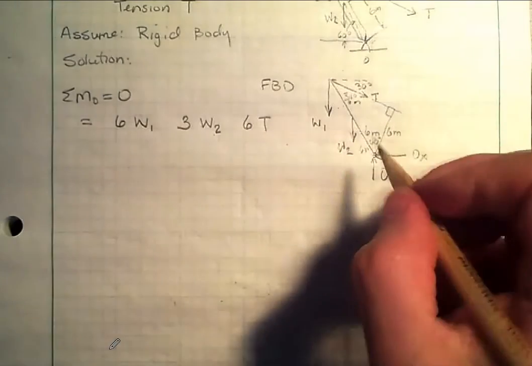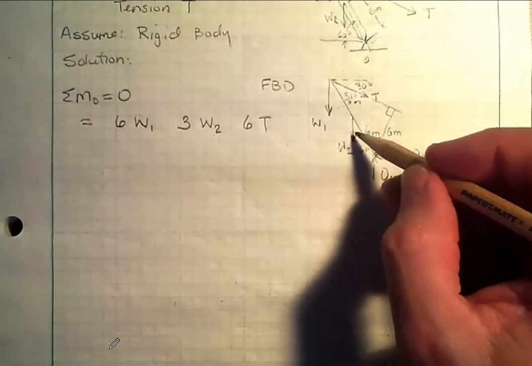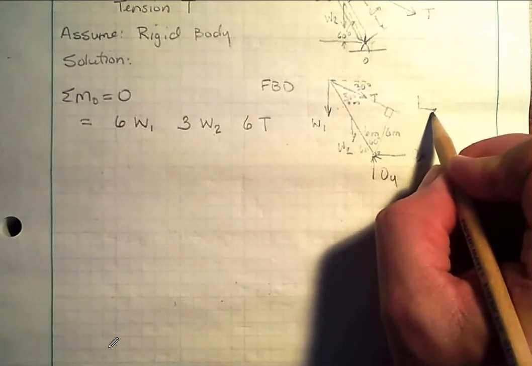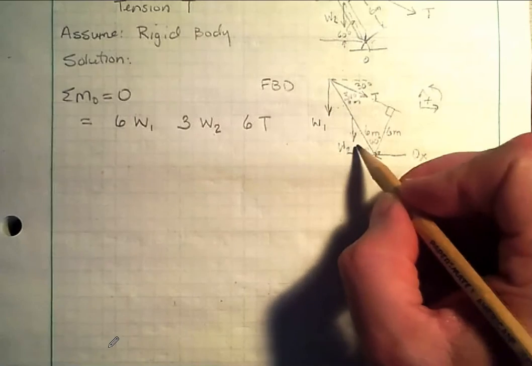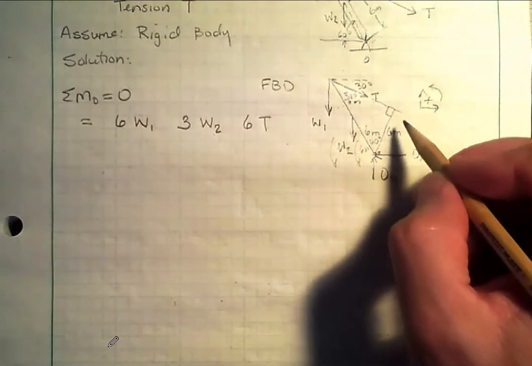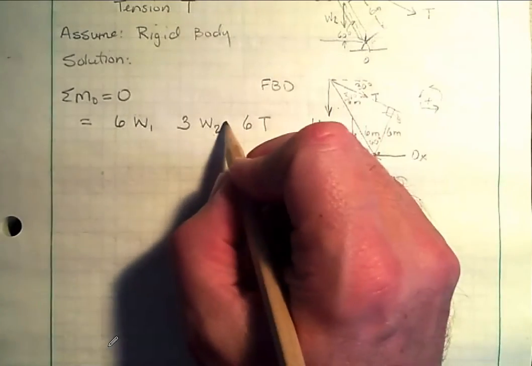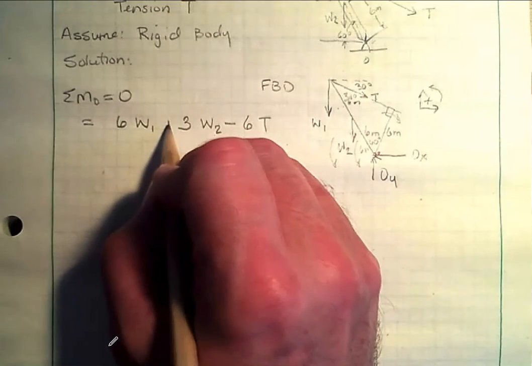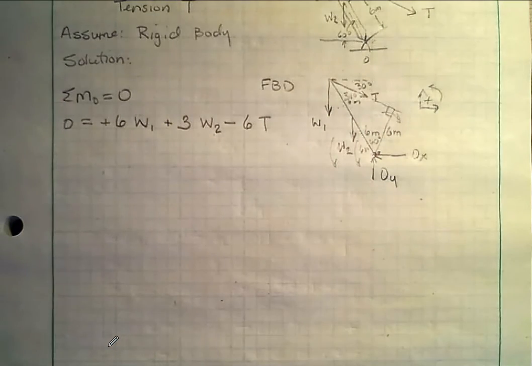So last thing we need to do is talk about what moments and what they cause. If we take a look at this, W2 clearly causes a counterclockwise rotation, right? W1 also a counterclockwise rotation, but T causes a clockwise rotation. So that's going to be negative, that's going to be positive, that's going to be positive. They all have to add up to 0.